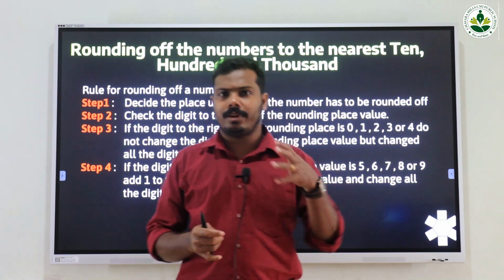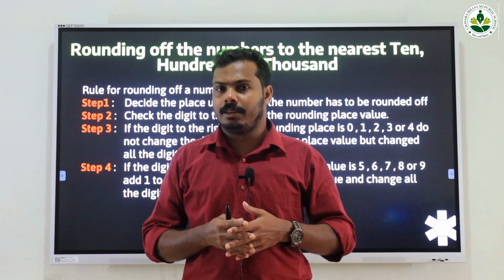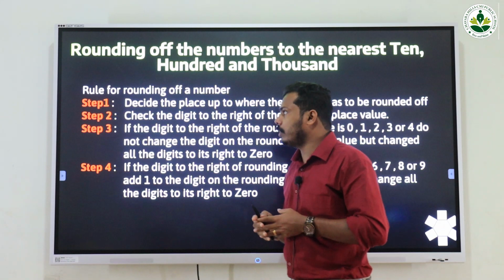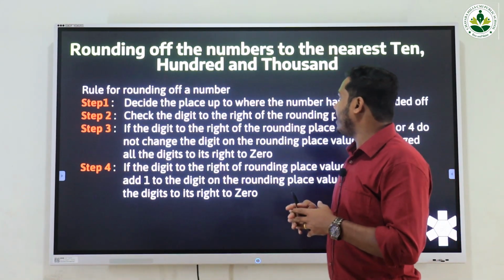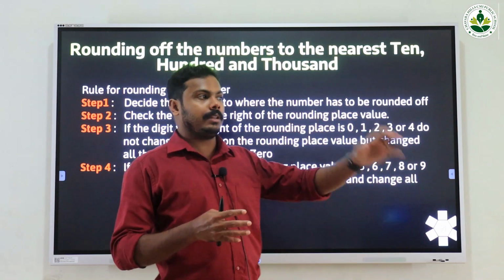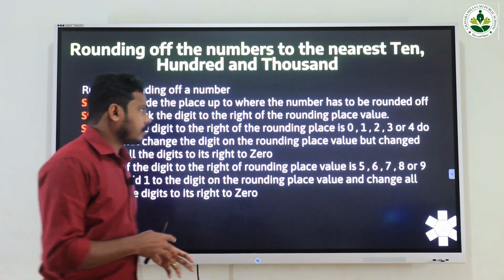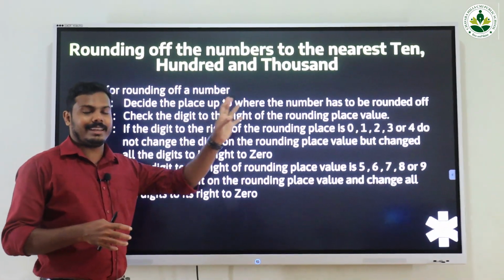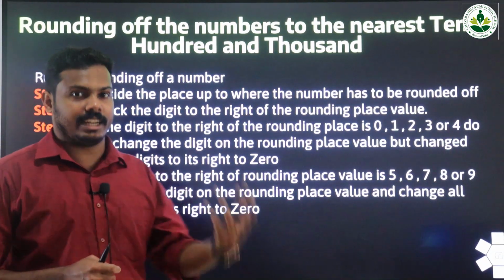We can't round off numbers just like that. It has some rules. First step, decide the place up to where the number has to be rounded off. That means whether you have to round off the number to the nearest 10, 100 or 1000. If you have to round off to the nearest 100, look at the digit in the tens place.